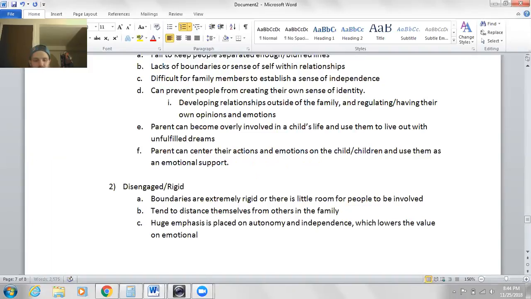on emotional closeness, support, and affection. Tend to be unaware of the problems occurring in the family.